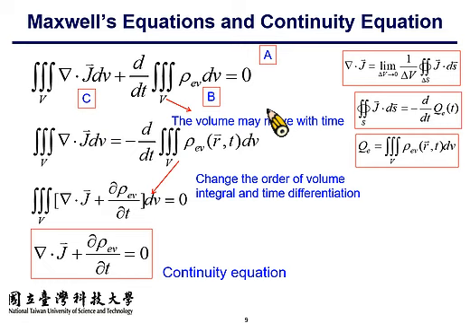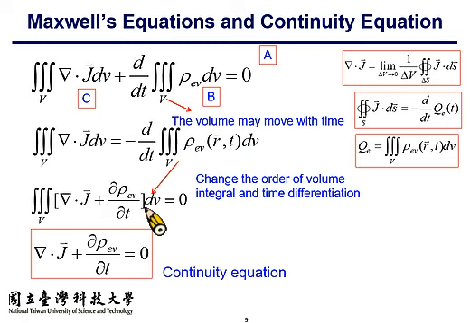put them together. So here we have the volume integral of the divergence of J plus the time derivative of total charge, the volume integral of charge density, which must equal 0. You change the order of the two terms, and because both sides come with the volume integral, you can put everything in the same space.